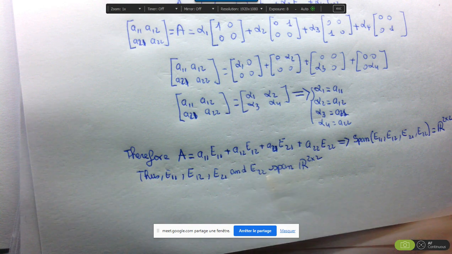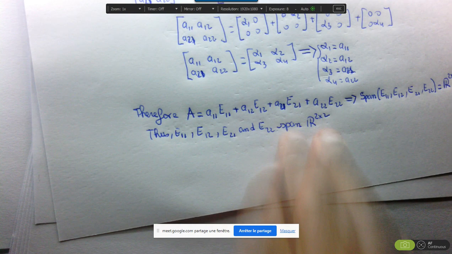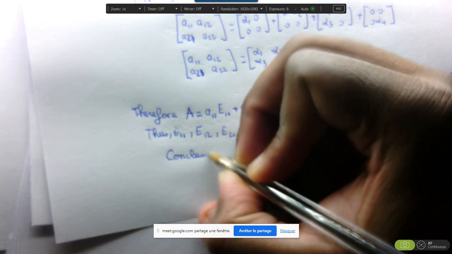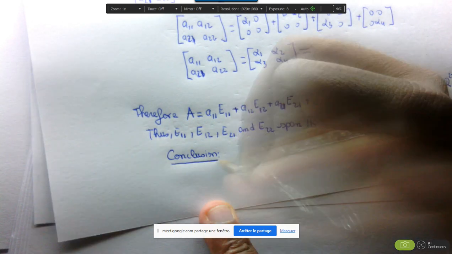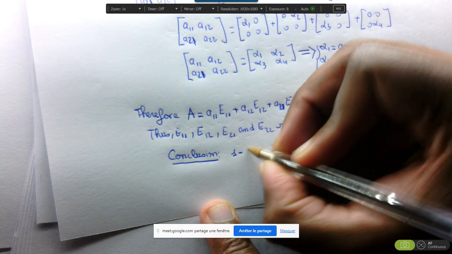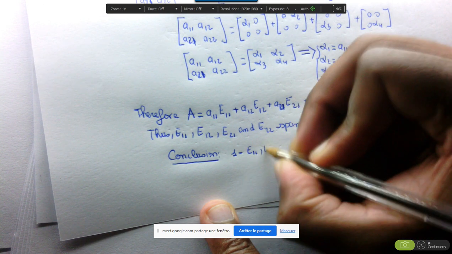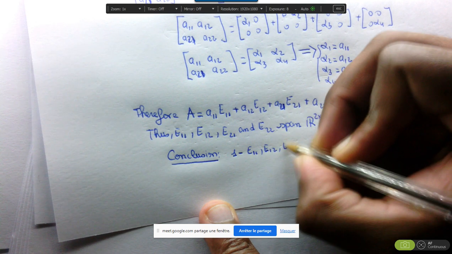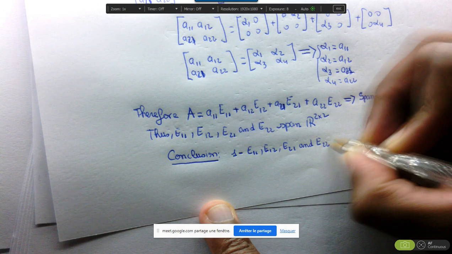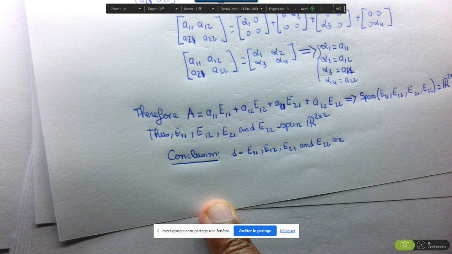Okay, so conclusion. The first thing is that E11, E12, E21 and E22 are linearly independent matrices.